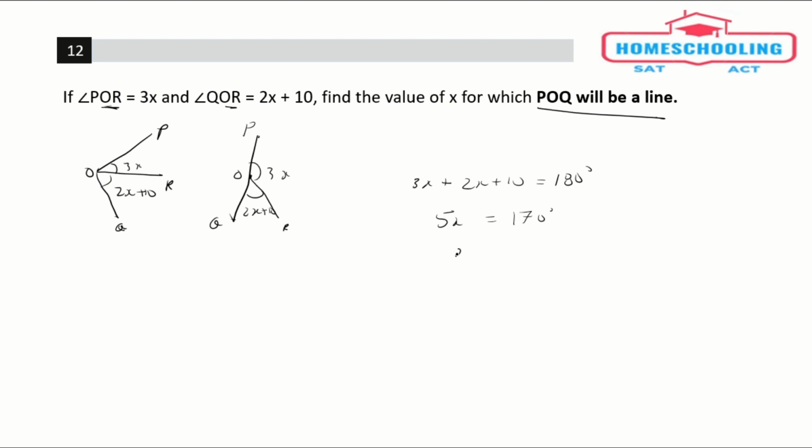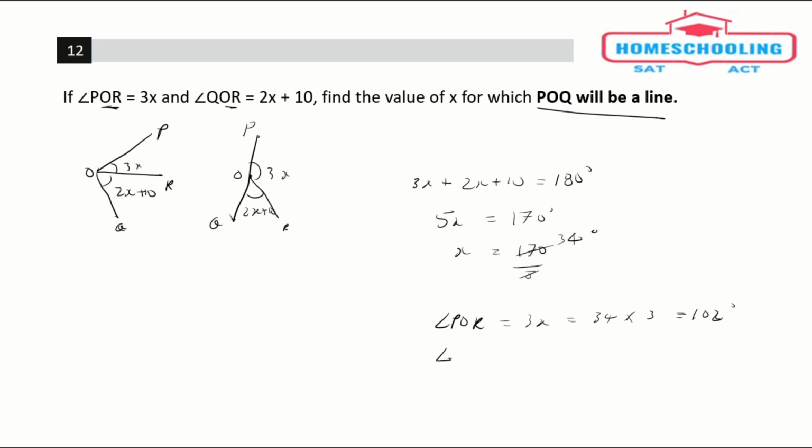Now x would be 170 by 5, so x is 34. So angle POR is equal to 3x, so 3 times 34 would be 102.